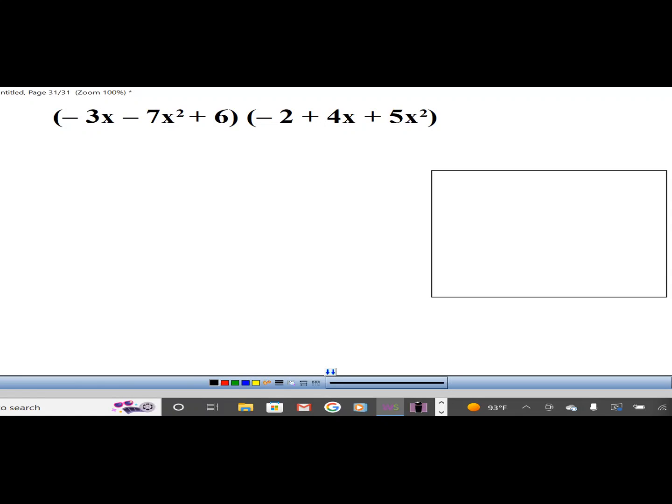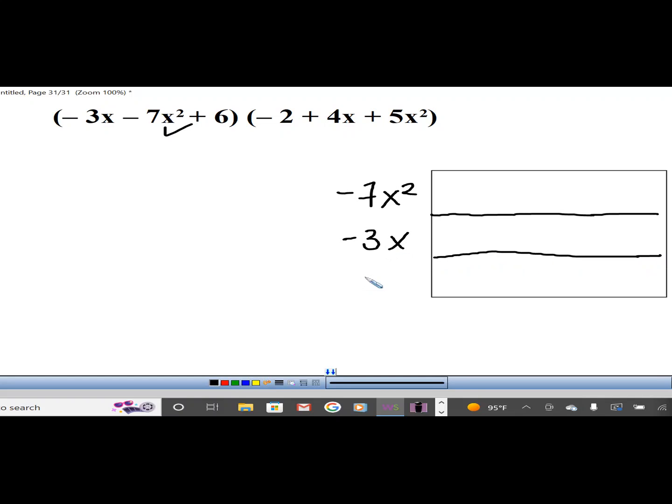All right, help us set up, please. Here on this side, help me write something here, Briseida. Where do I start? Negative 7x squared, line across. Next. Negative 3x. And positive 6.